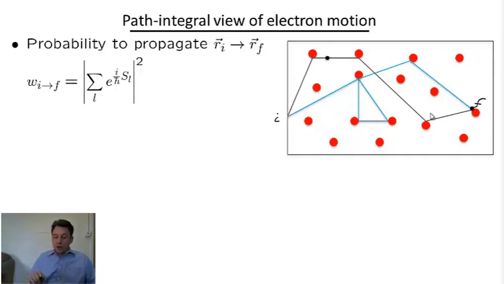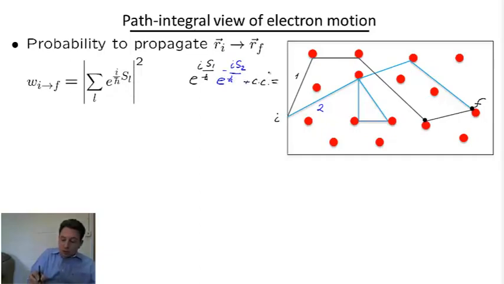So for instance, if I call this trajectory 1, and this trajectory 2, the interference term which is going to appear from this expression is going to involve a product of this black exponential, e to the power i S1 over h bar, times the blue exponential, which is the complex conjugate, i S2 divided by h bar, plus its complex conjugate.